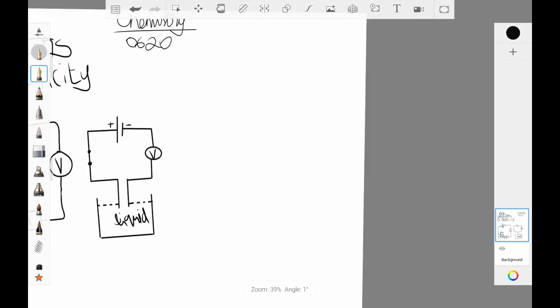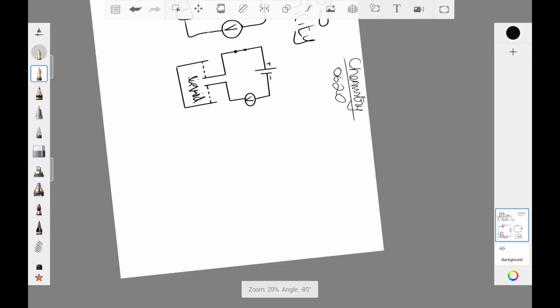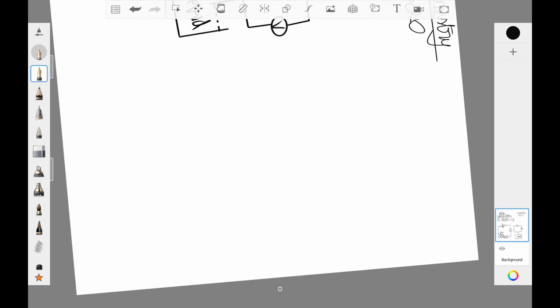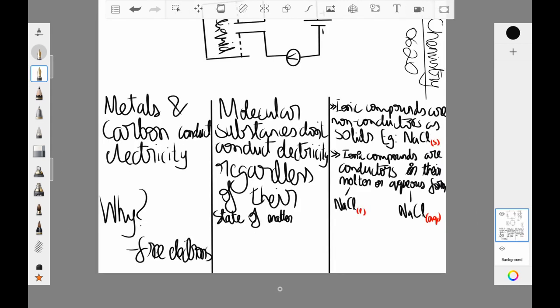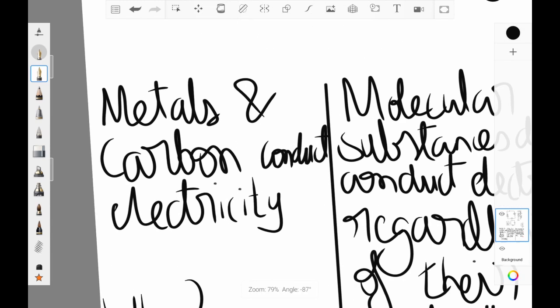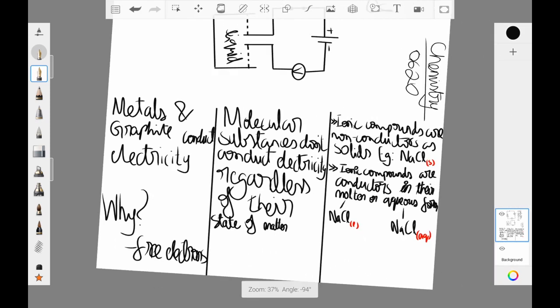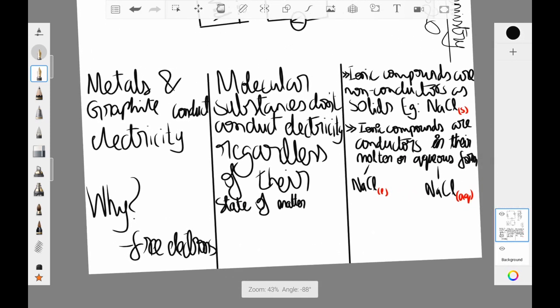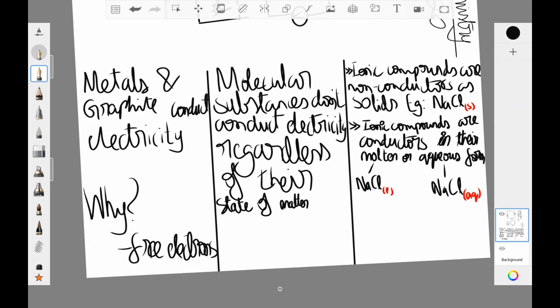Now, in most situations, you're likely to see three results. Let me just write them down real quick. So here are the three results that you're likely to see when you carry out the previously explained experiments. Number one, if your solid is a metal or graphite, then it conducts electricity.